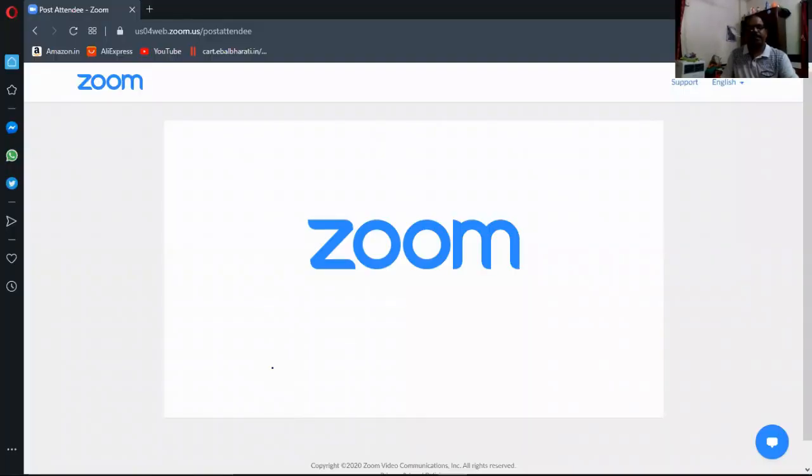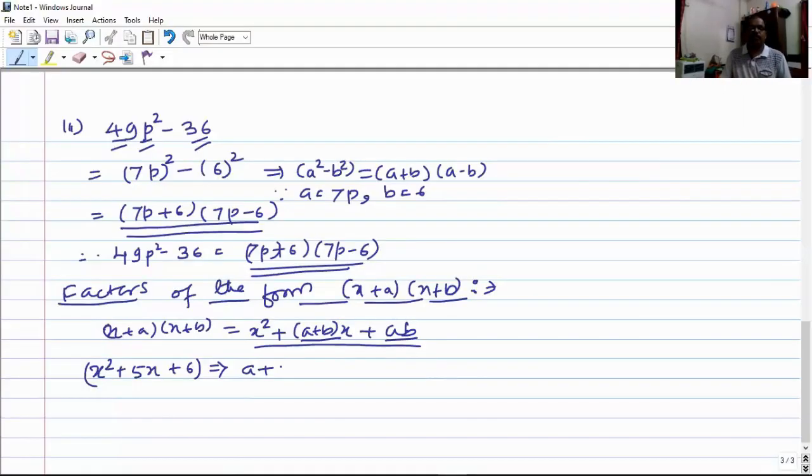So we need to find those two numbers whose product is 6 and whose sum is 5. So we need to factorize the constant term 6 so that their sum equals 5.